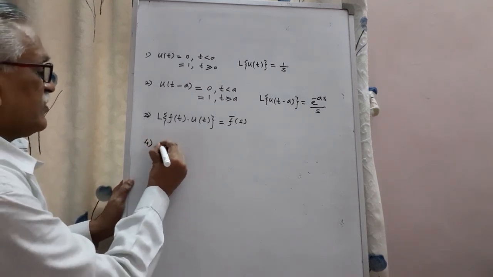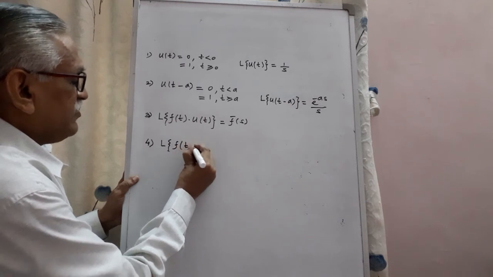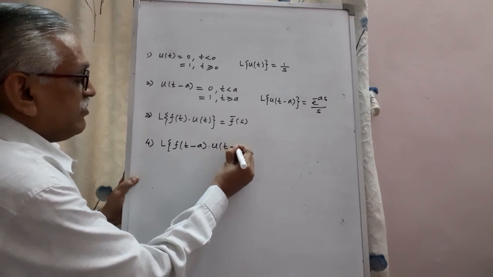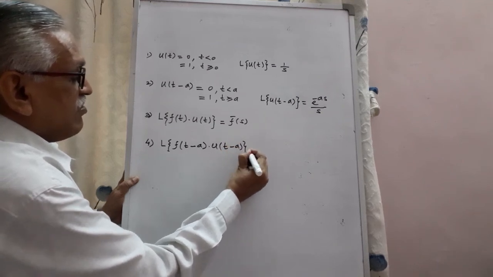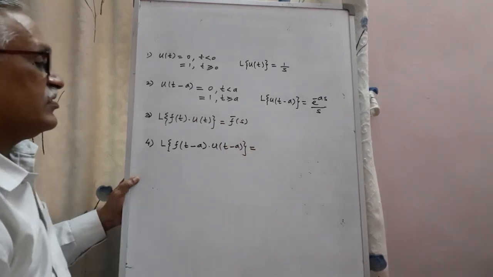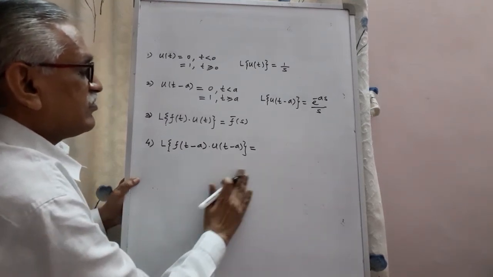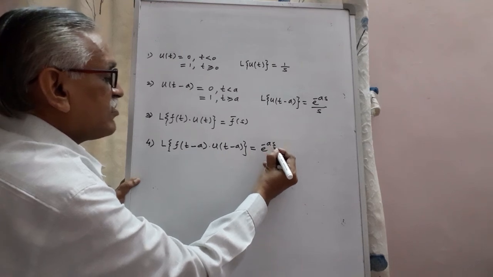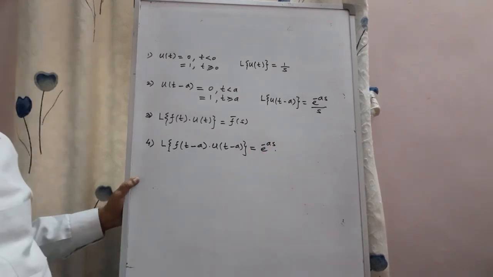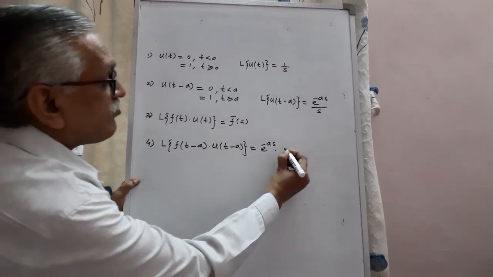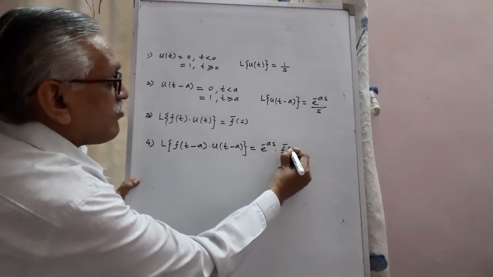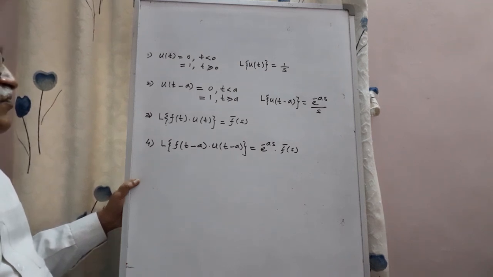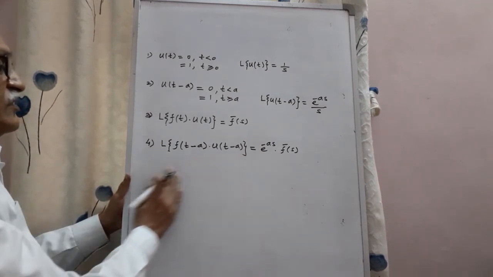Fourth, Laplace of f of t minus a into u of t minus a is e raised to minus as into f bar of s. This is the fourth.